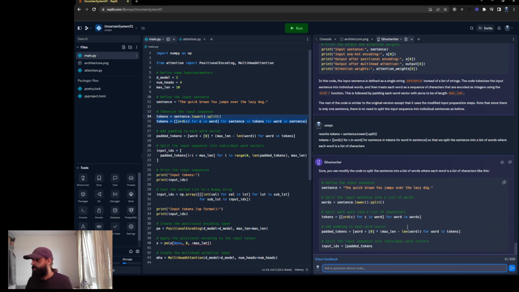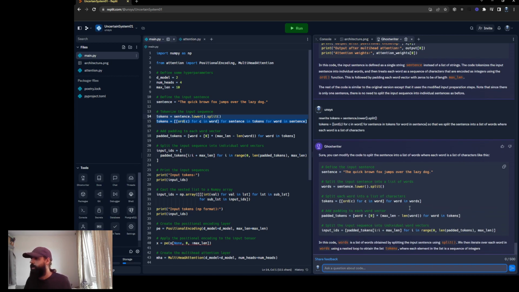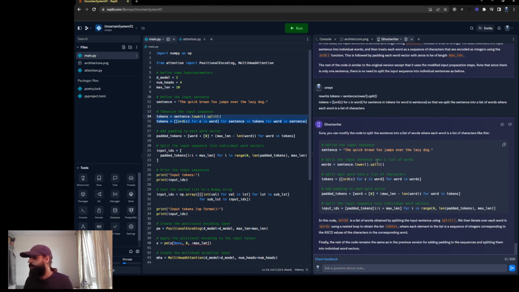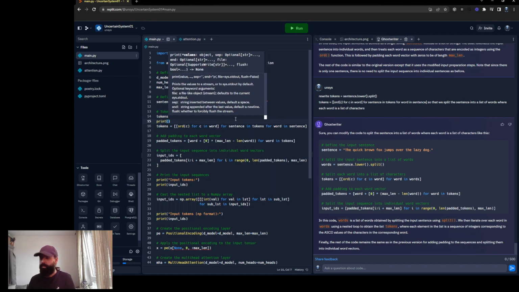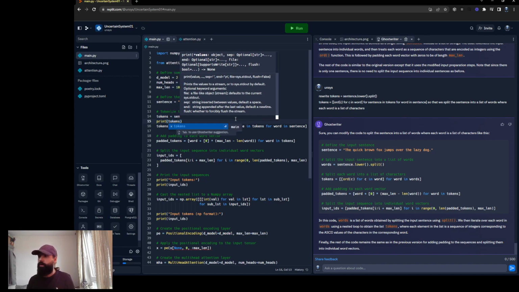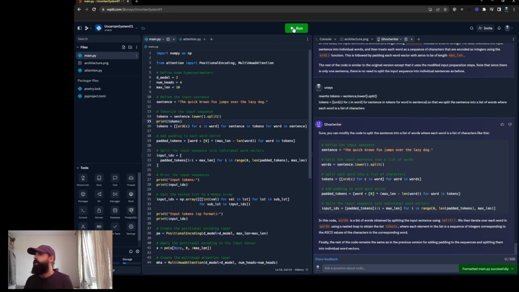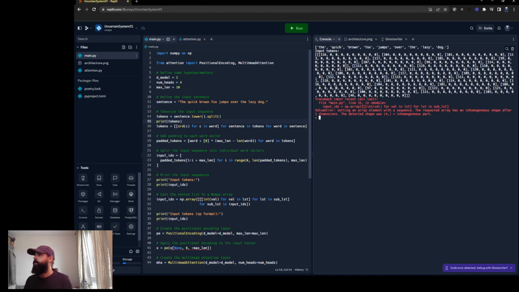Exactly. So let's do this with the sentence. Yeah, but that prints the characters, sadly, right? Oh, no, okay, that's all good. Actually, that's pretty good.